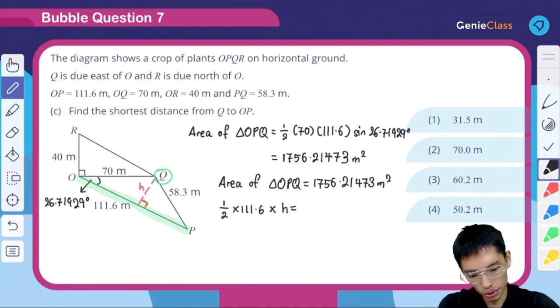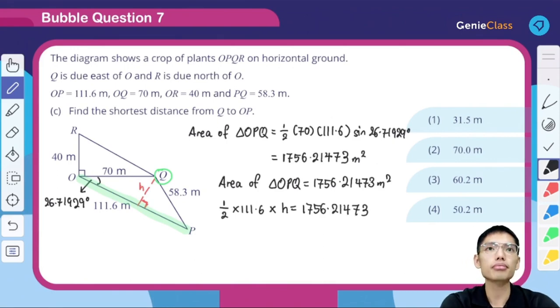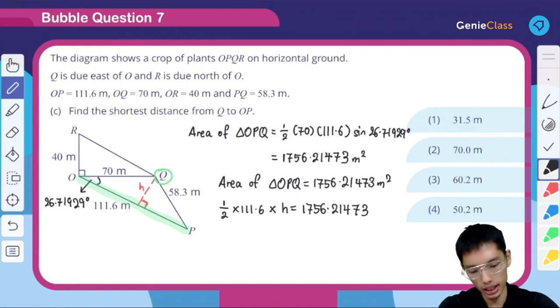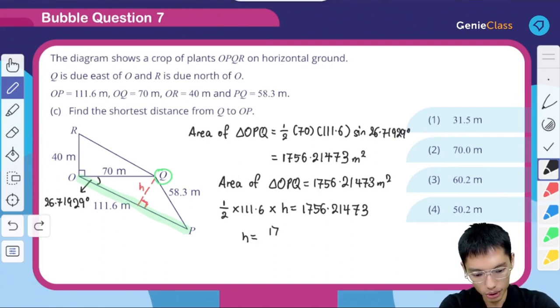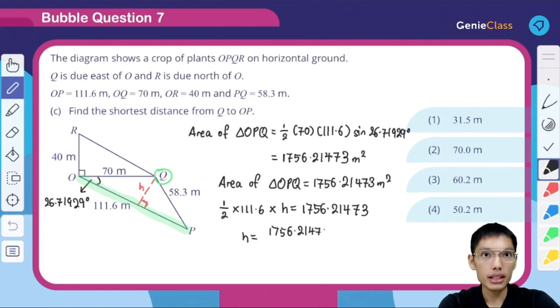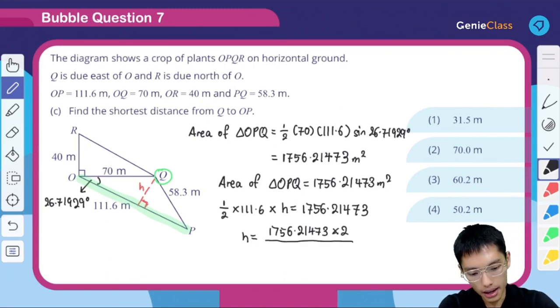This is equals to 1756.21473. After that, all you need to do is solve it accordingly. What is h? H is just 1756.21473, times 2, divide by 111.6.